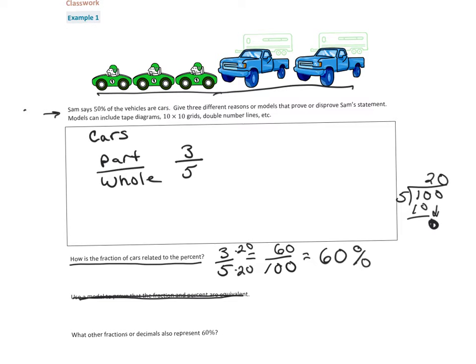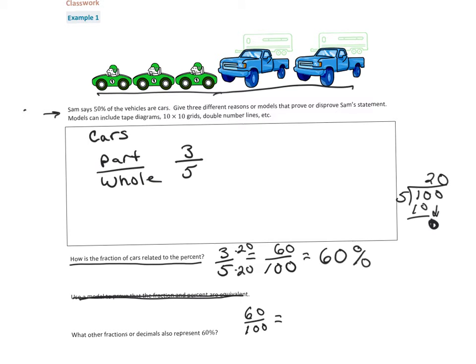Okay. Another thing it asks is what other fractions or decimals can represent 60%. And so we know that 60% means 60 out of 100. We can start at 60 out of 100, and we can simplify it to 3/5.